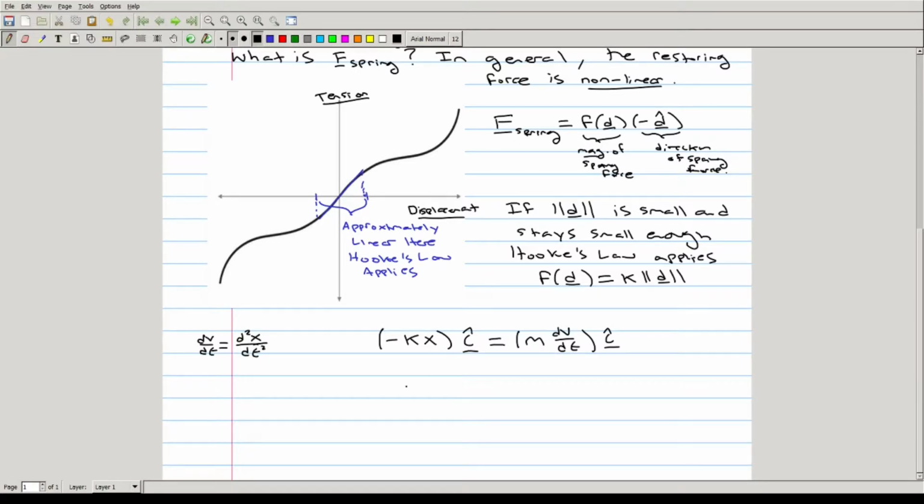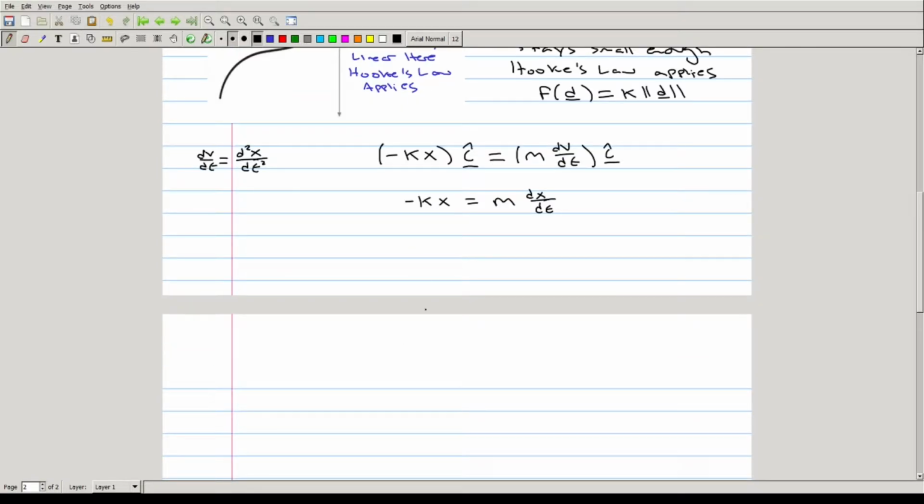We get the equation m d squared x dt squared, the second derivative of x with respect to time, plus k times x is equal to 0.